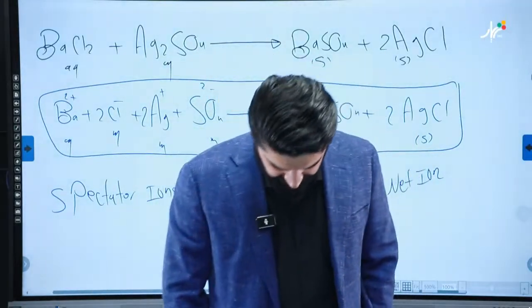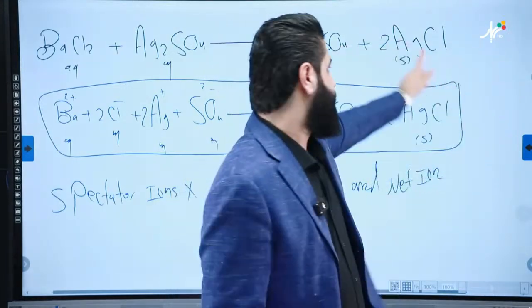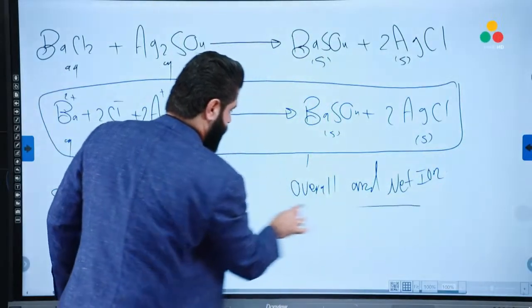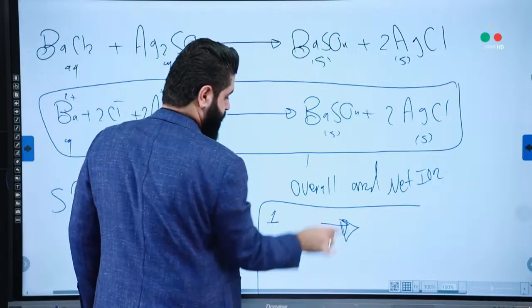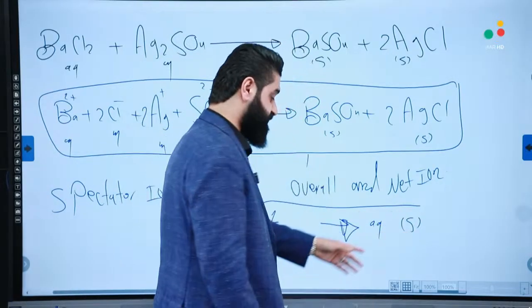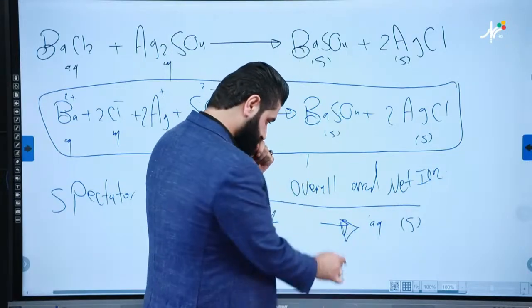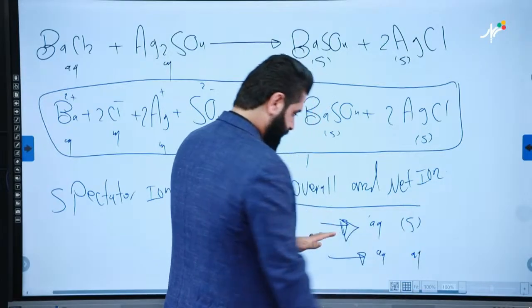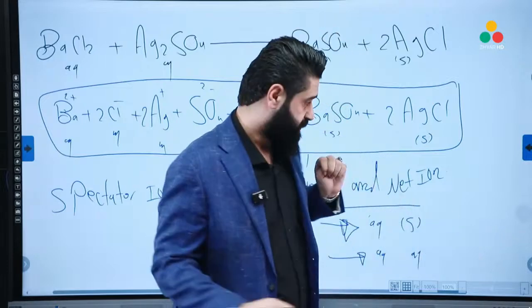So let me tell you the three cases. Case 1: if we have one aqueous and one solid product, the aqueous one will become the spectator, and this is the net ionic equation. Case 2: if both products are aqueous, then there is no net ionic equation, no precipitation.